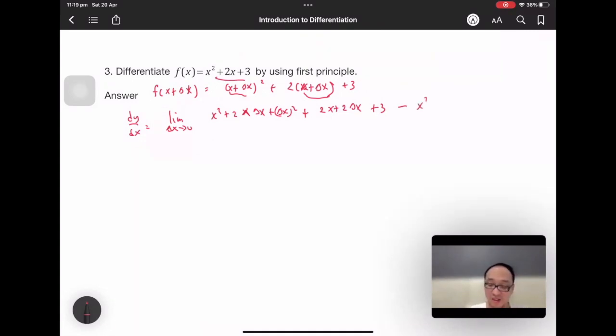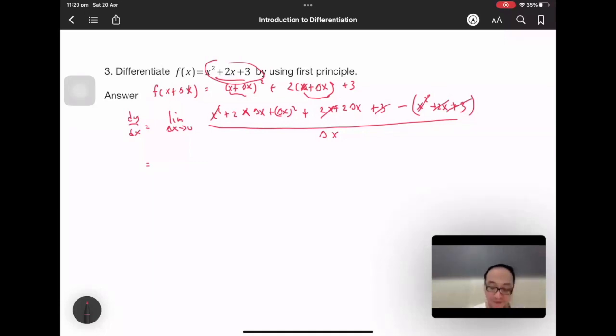So minus (x squared plus 2x plus 3). This is minus because of the negatives. If you put brackets, it is still positive as well as the function, over delta x. Okay, in here we can see that we can cancel the x squared and we can cancel the 2x and 3.